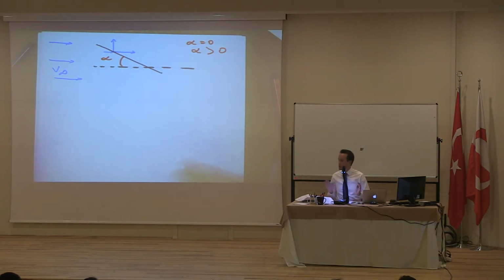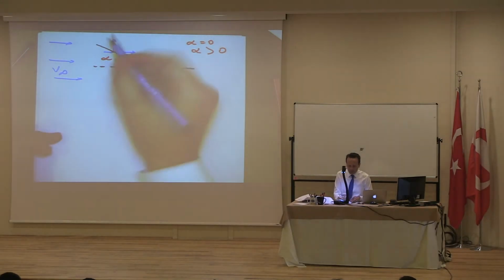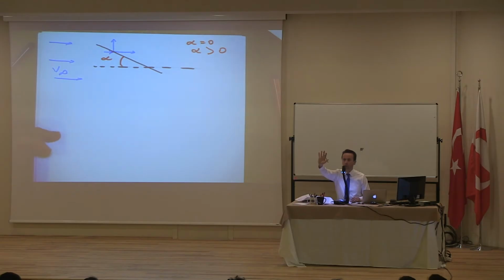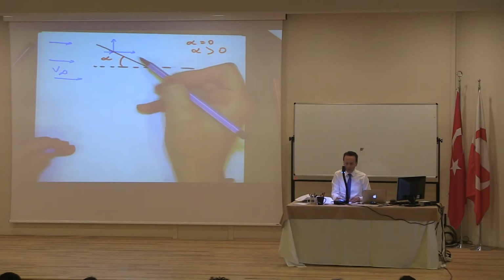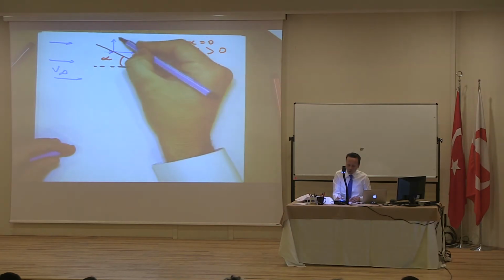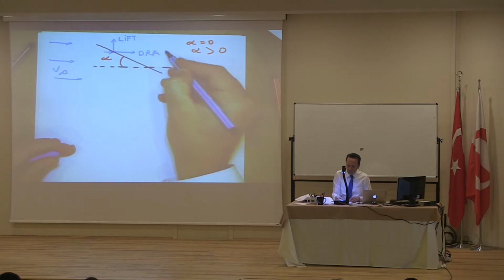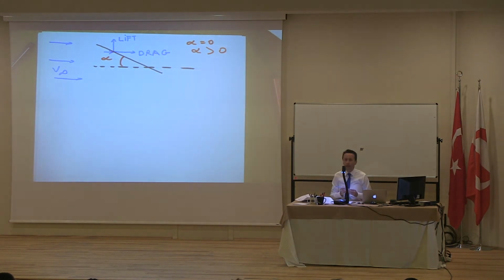Because this air will also push the plate backwards. You see? Not only up, but also backwards. Now, these two forces have a name. This one we call the lift force, and this one we call the drag.